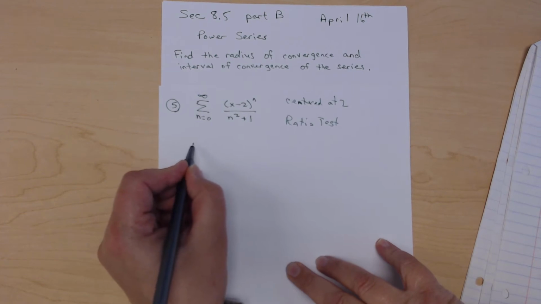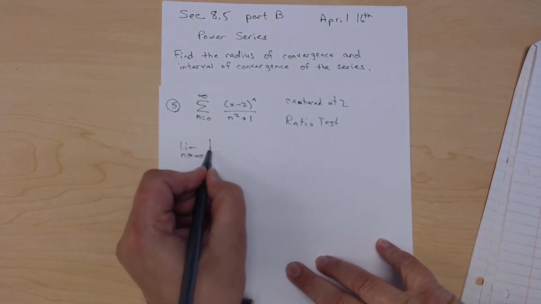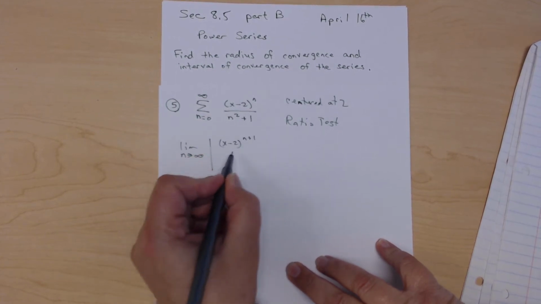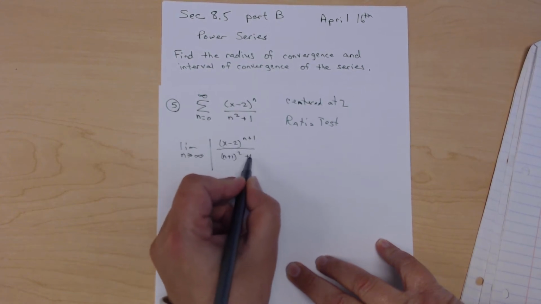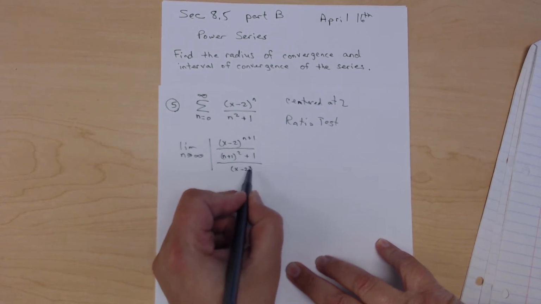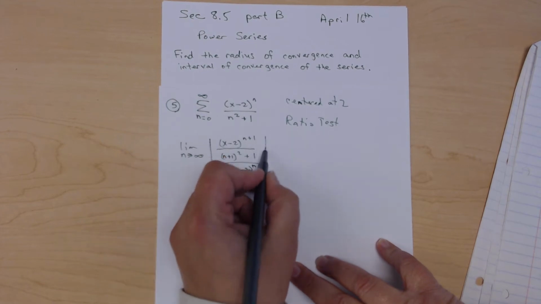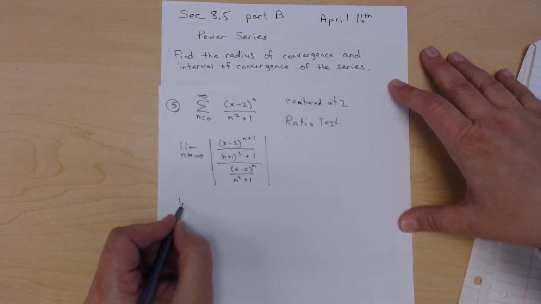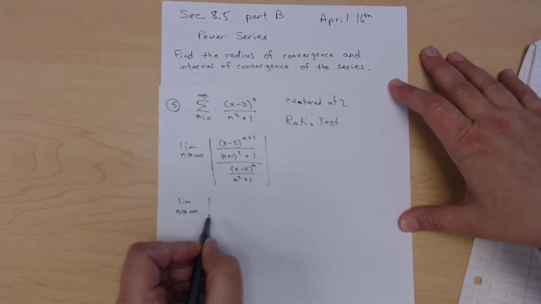We're going to do the limit as n approaches infinity of (x minus 2) to the n plus 1 over (n plus 1) squared plus 1, divided by (x minus 2) to the n over n squared plus 1. Same thing holds true. Instead of dividing, we multiply by the reciprocal.